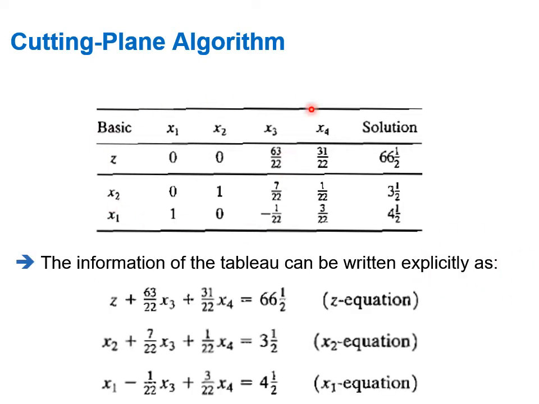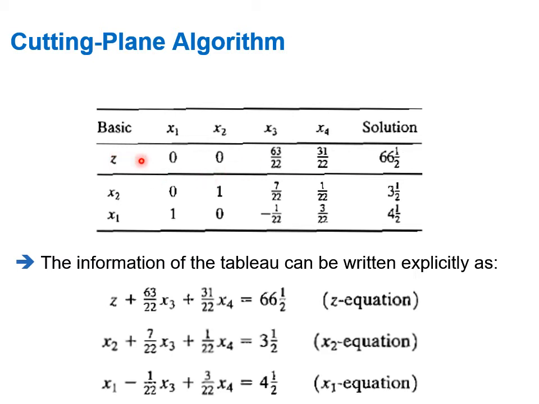In fact, the information that we have in this tableau is a set of equations. So we can write this set of equations. For example, consider this row 0. This is the right hand side, and these are the variables. So what do we have for this row 0?